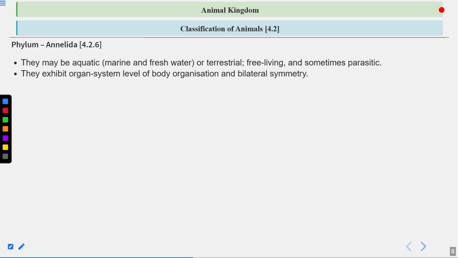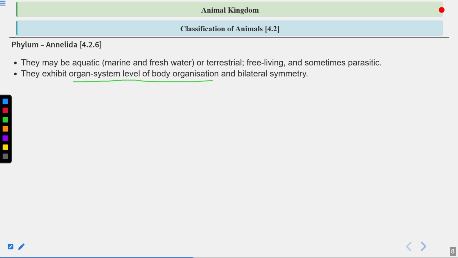They exhibit the organ system level of body organization and bilateral symmetry. This is a very important feature. Organ system level of body organization, we have discussed it a number of times. Here also they have a very distinct digestive system, nervous system, reproductive system, excretory system, right? So many types of systems they have.